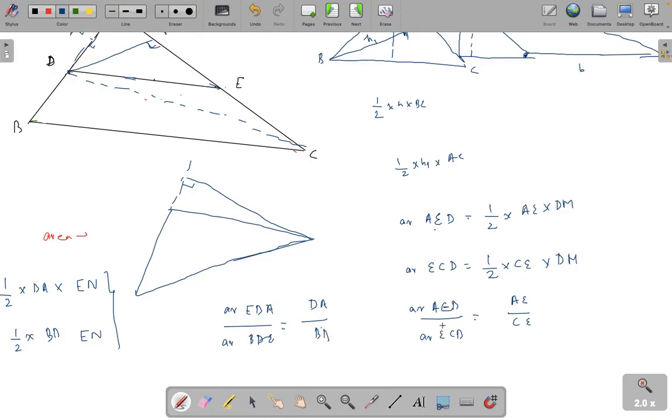So this is AED here and ECD here. So EDA and AED is the same, right?